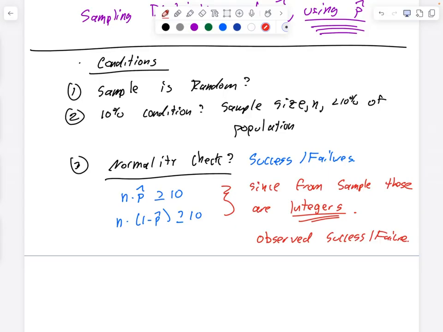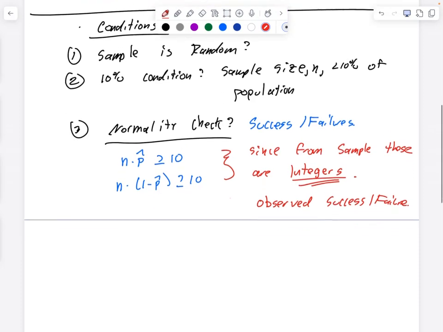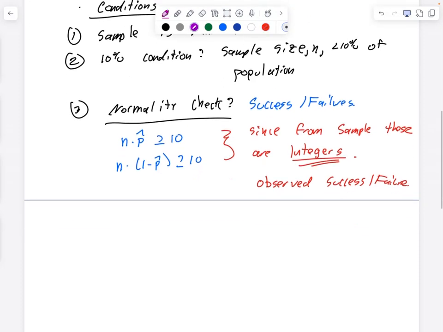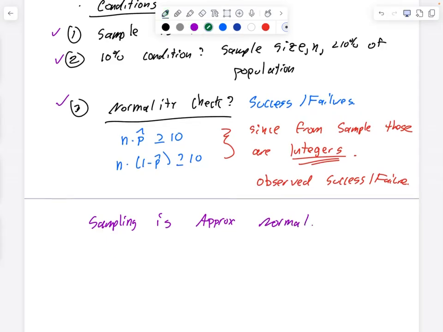Now, if all of these are true, then the sampling distribution is approximately normal. The mean of P hat is the same formula, but we're going to use P hat. And the standard deviation of P hat is the square root of P hat times 1 minus P hat over N, all underneath the square root.